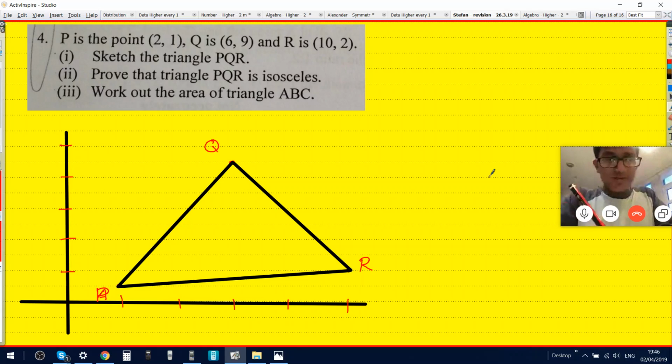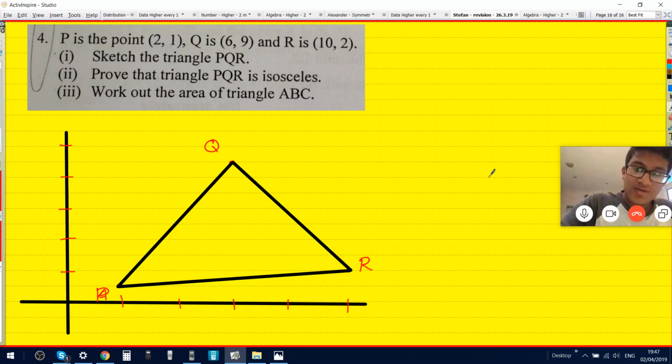This is isosceles. So we have to prove that the length for at least 2 of them is the same. So we've got the coordinates of P are 2, 1. I'm just going to find the length of PQ.